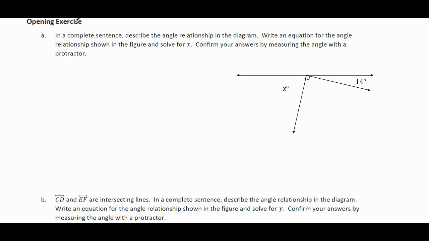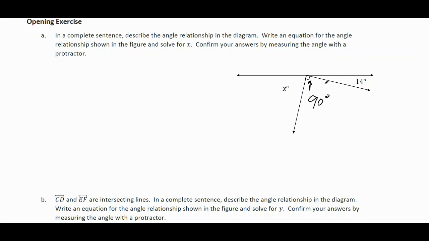Looking at this diagram, what I can first notice is that there is a line and two rays. Another thing that I notice is this particular symbol here, which, as I told you in the previous video, is a 90-degree angle.